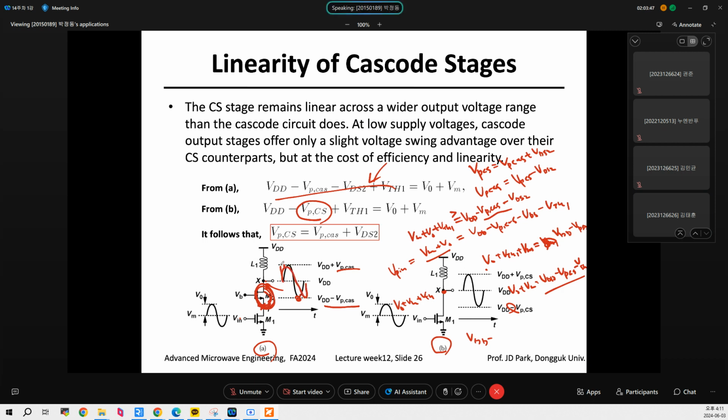This VDS swing amount will be VDS2, so you have two VDS.